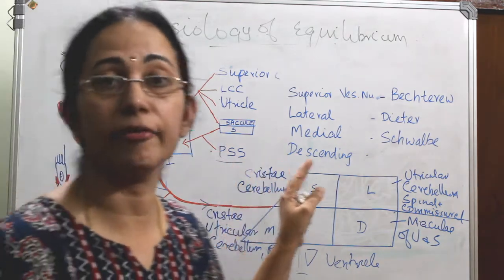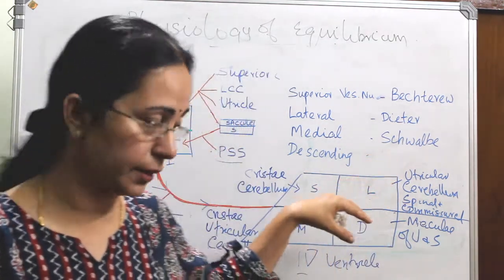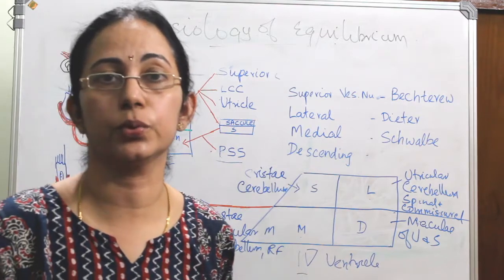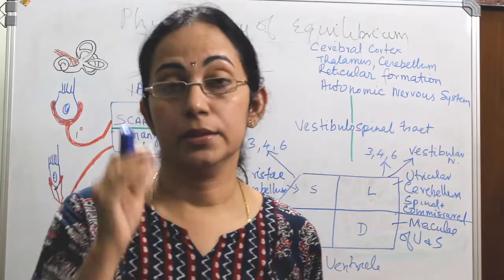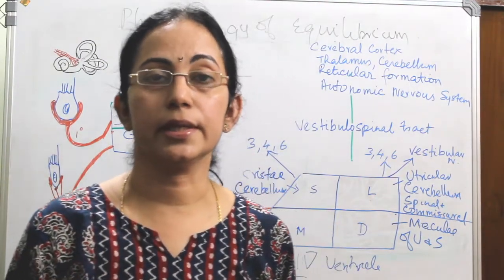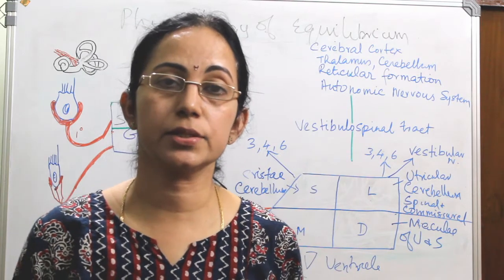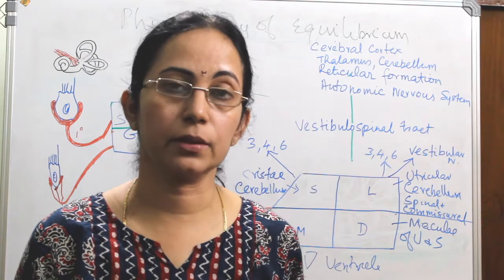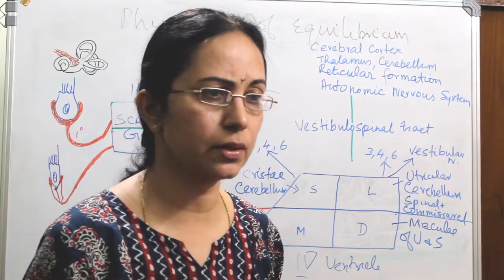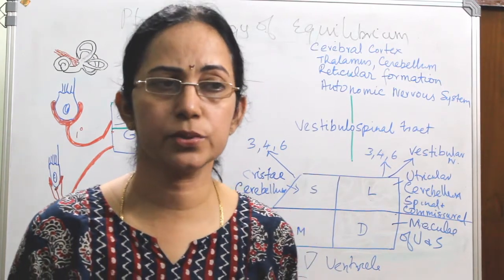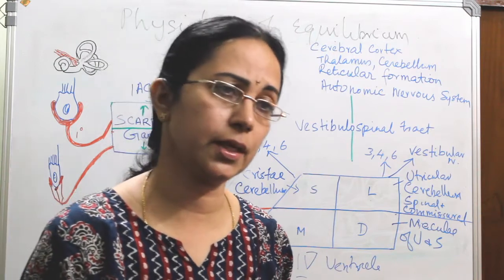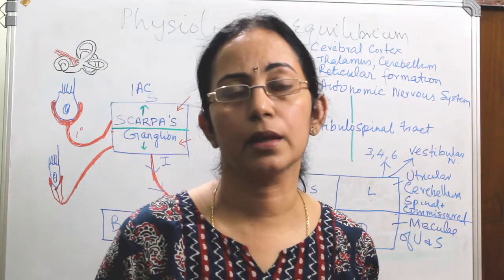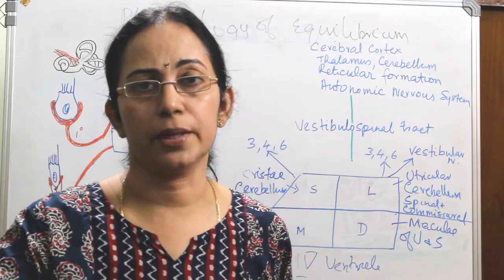These are the afferent fibers, and from here efferent fibers will go to various parts. In the physiology of hearing we have seen that the auditory nerve on excitation goes through a specific path to the cerebral cortex. Which area of the cerebral cortex? It is the temporal lobe, superior temporal gyrus and Brodmann area 41, isn't it? It has a specific pathway.